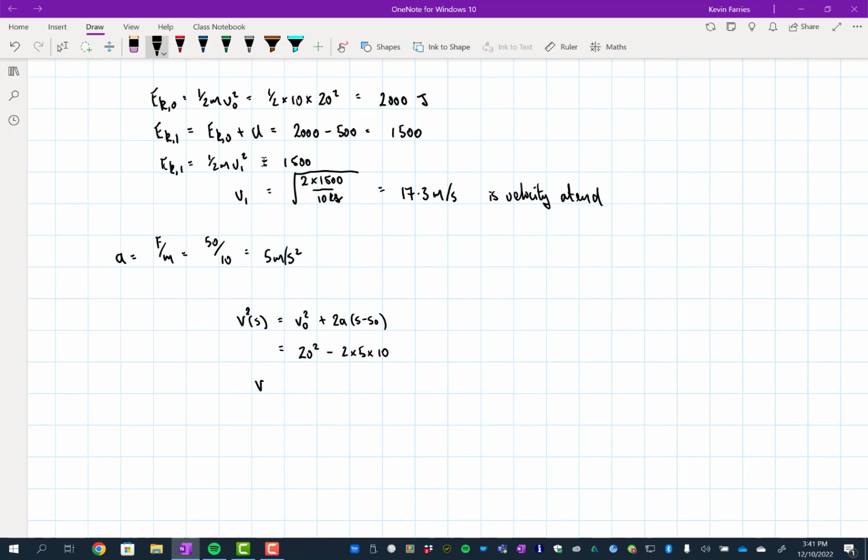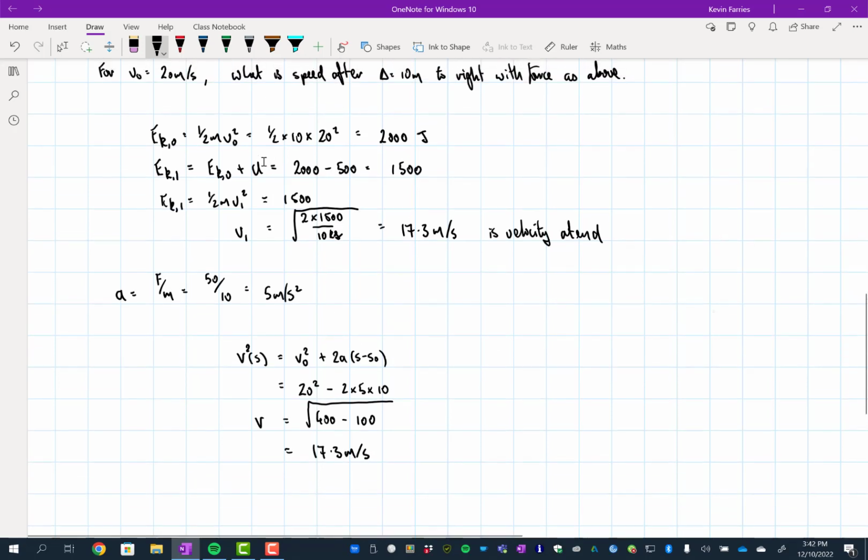So therefore v is equal to the square root of all that, 400 take away 100, 2 times 5, 10 times 10. So the square root of 20 squared minus 2 times 5 times 10 is also equal to 17.3 meters per second.